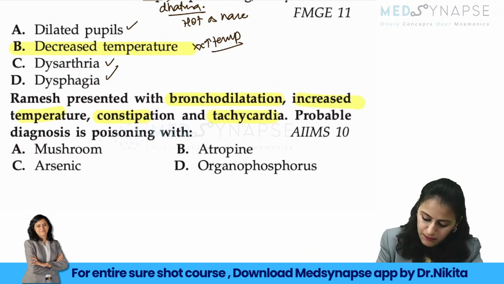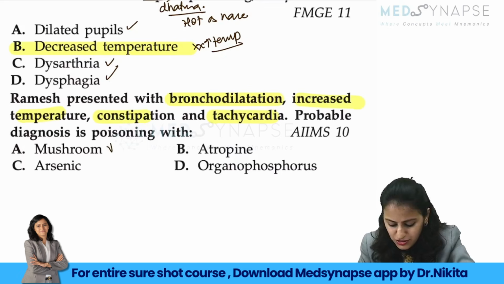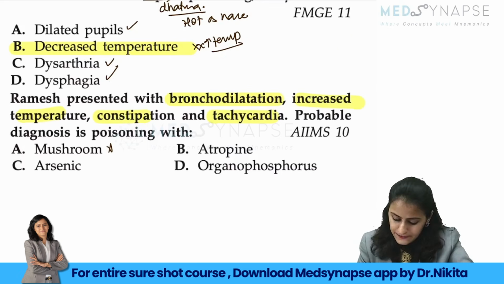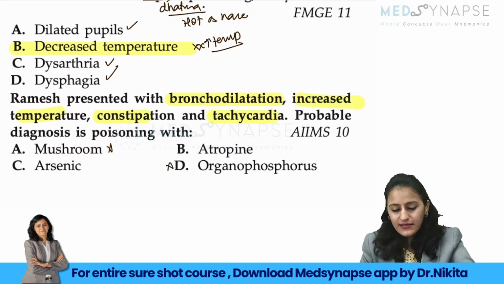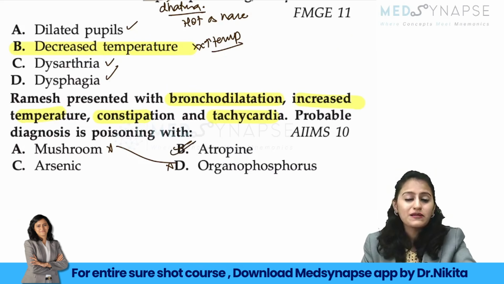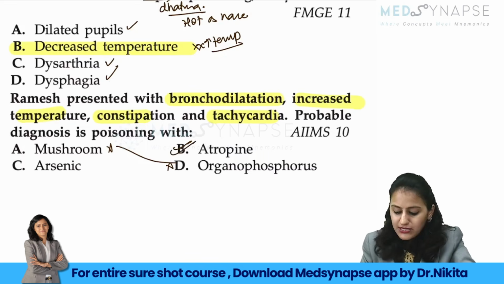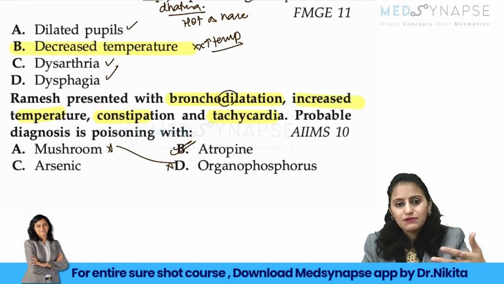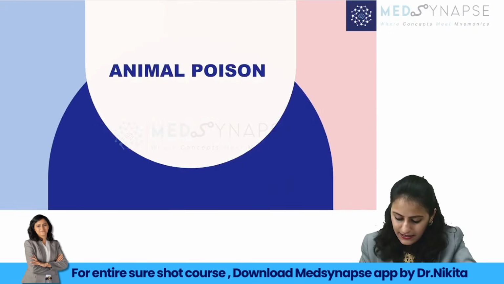What is the poisoning with? Mushroom is muscarinic. Muscarinic cholinergic will cause bradycardia. OPC, again they go hand in hand, right? So this is the opposite of it. This is atropine poisoning like Datura. So remember it causes dilated pupil, bronchodilation, increased temperature, constipation and tachycardia, right?